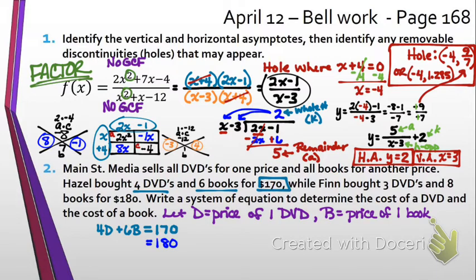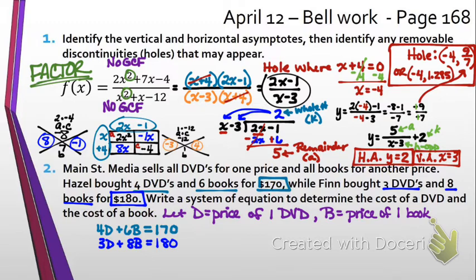How did we get up to a total of 180? Three DVDs plus 8 books. So 3D plus 8B. If I add these together right now, will one of my variables cancel? No. So we're going to have to do some multiplication to get it to that point.